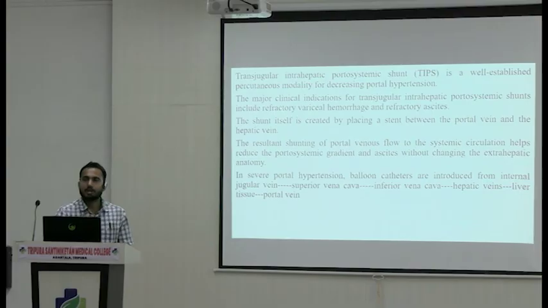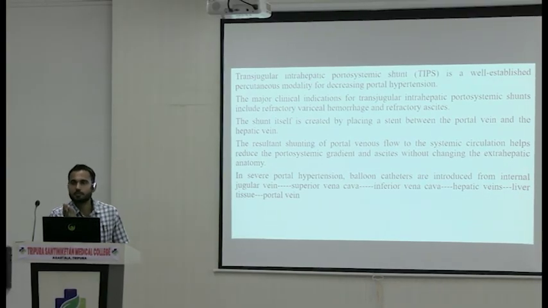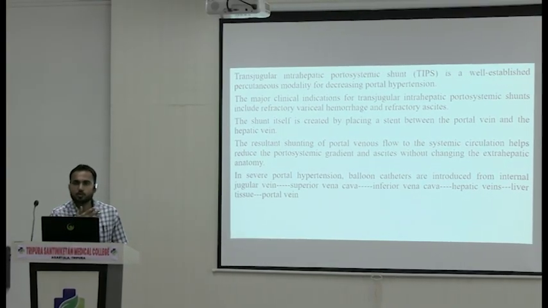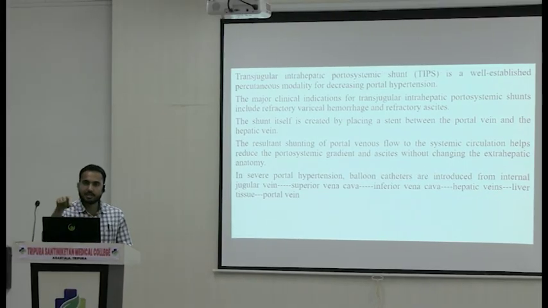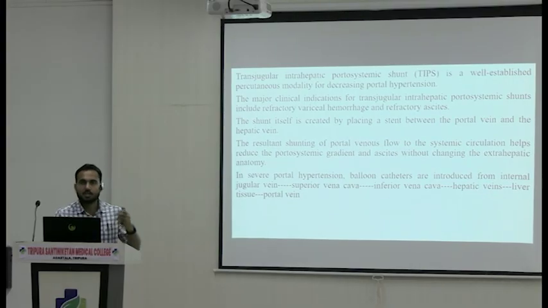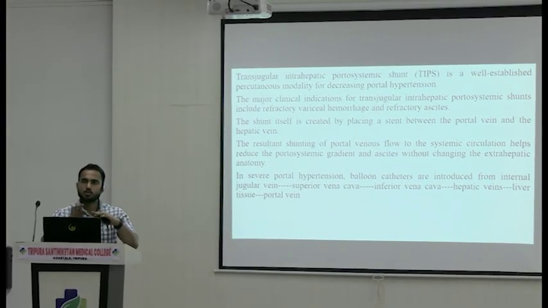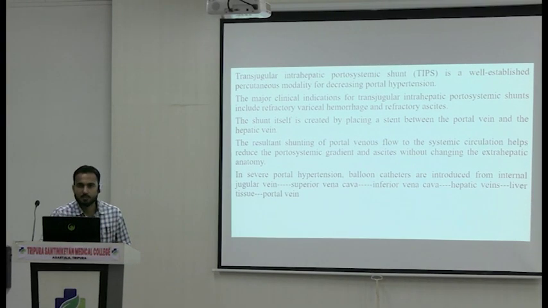Actually, what happens in case of portal hypertension? The blood is unable to flow. Portosystemic anastomosis is there, and through that anastomosis the blood from the tributaries of the portal vein should go towards the tributaries of the systemic vein.